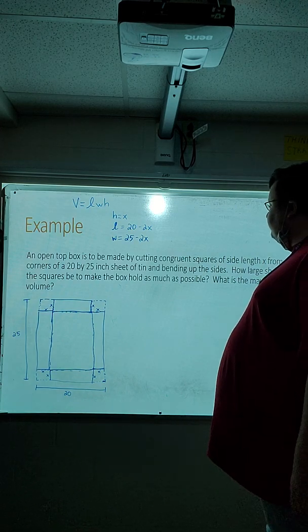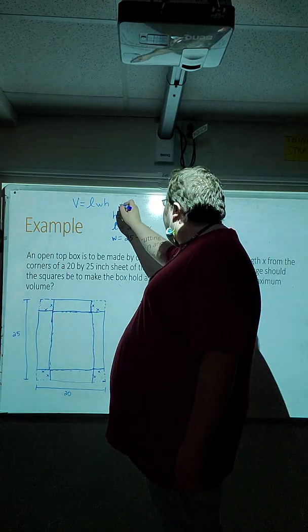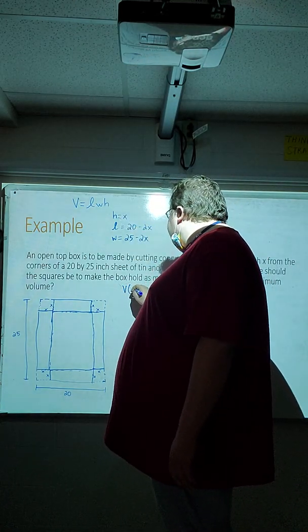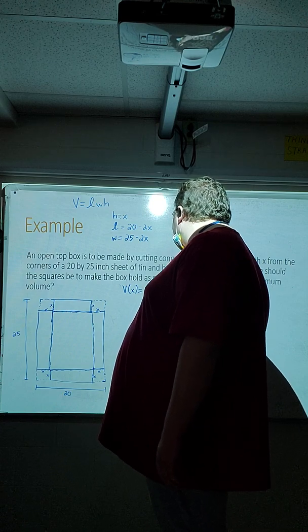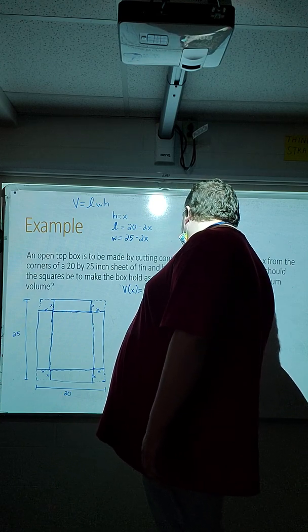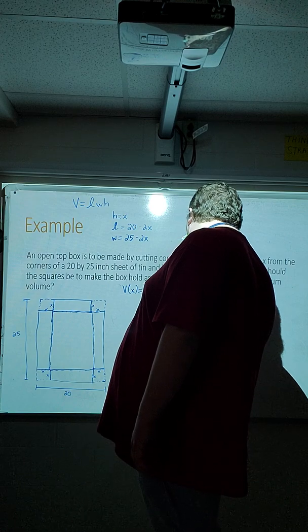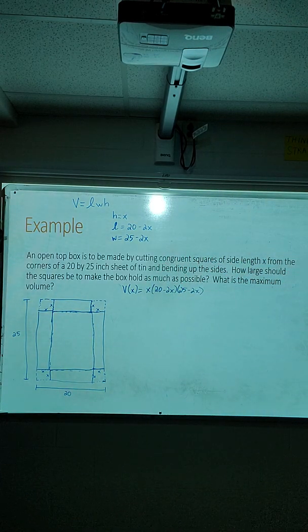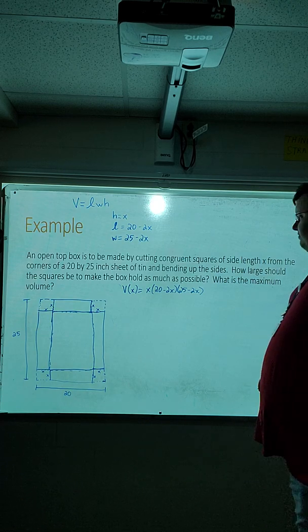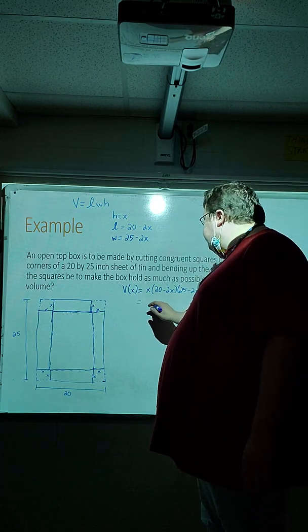So that allows us to write our volume formula. Volume, V of x, is going to equal x times 20 minus 2x times 25 minus 2x. I know you do not want to use the extended product rule to derive that, so let's do the algebra real quick. Let's distribute and simplify.